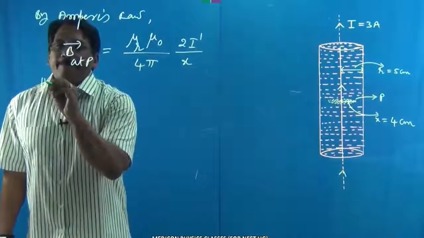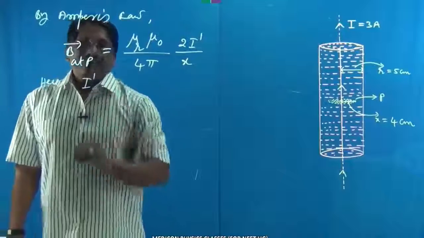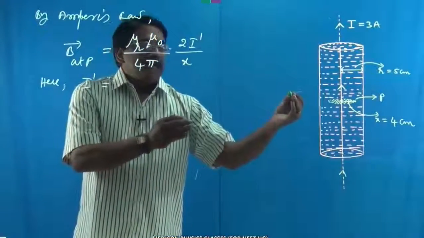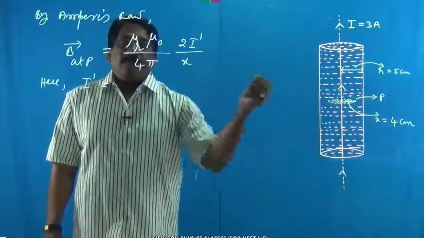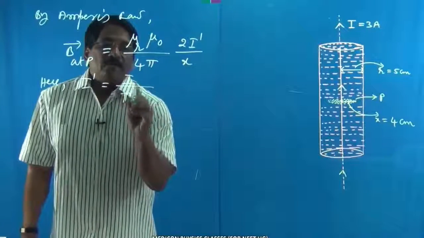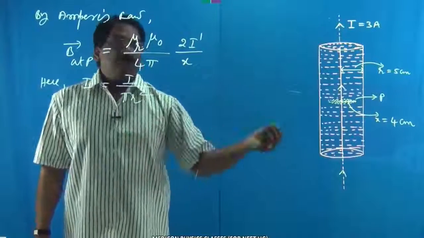Here, I prime is equal to, let us first calculate the current per unit cross-sectional area of the conductor, that is I by pi r square, because I belongs to the total cross-sectional area, uniformly distributed.